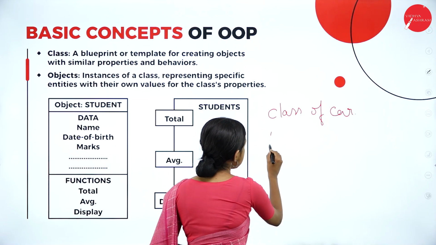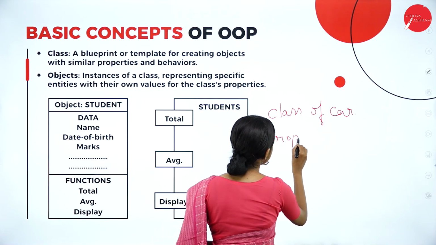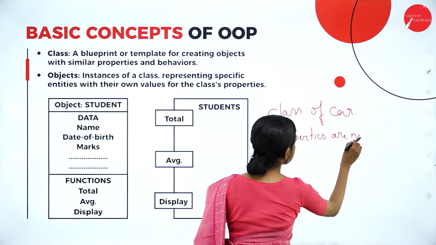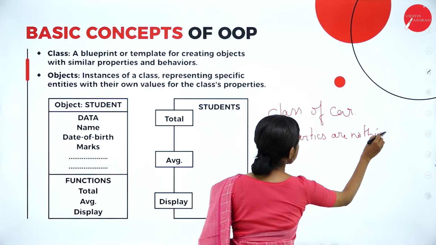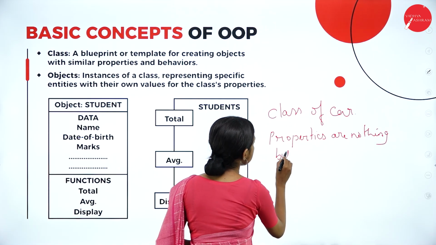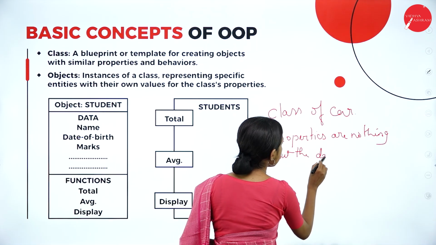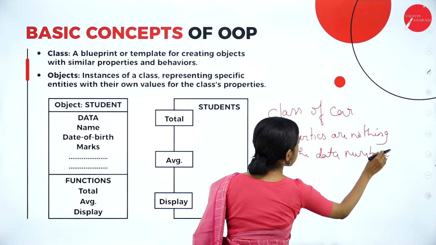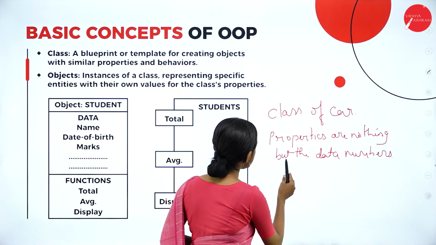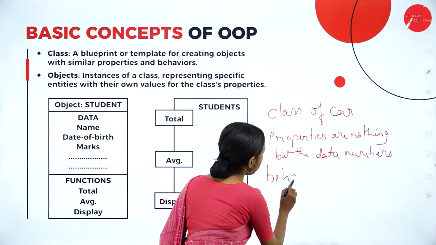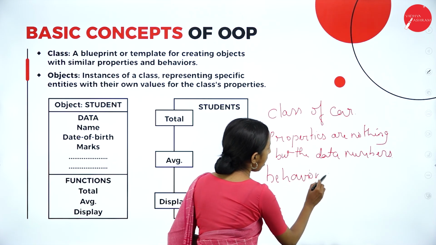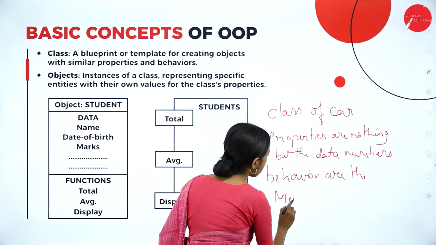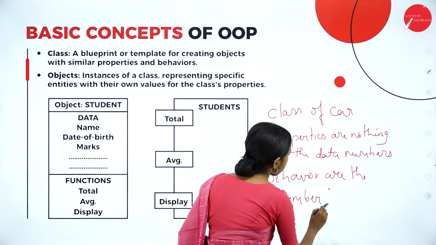The properties are nothing but the data members, and the behavior is the member function.